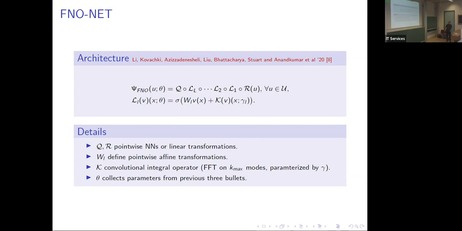And by pointwise, I mean the same neural networks act at every point in physical space. Linear transformations, again pointwise, the same linear transformation at every point in space. And then a non-local operator, which is based on fast Fourier transform. So in general, some integral operator, and if you make it convolutional, then you can compute it using FFT on a finite number K max of modes. And this is parameterized.